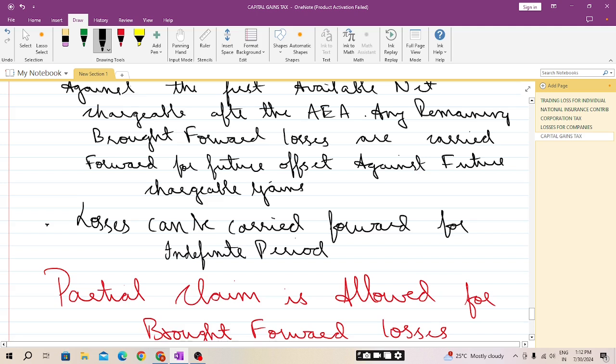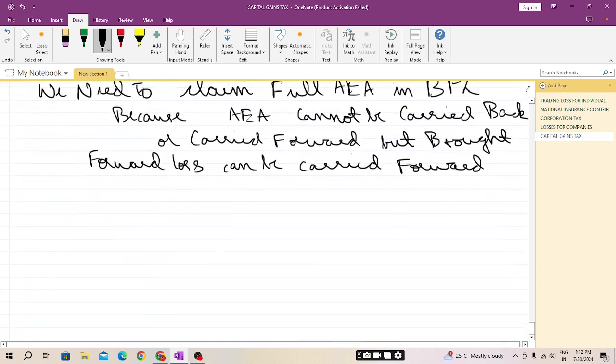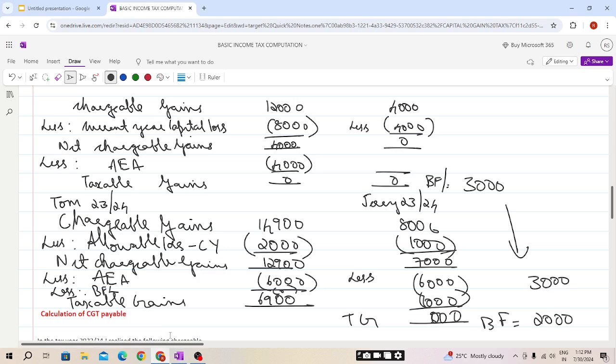It can be carried forward, students, for an indefinite period. I hope this is clear. We have already seen, we have now completed the losses.